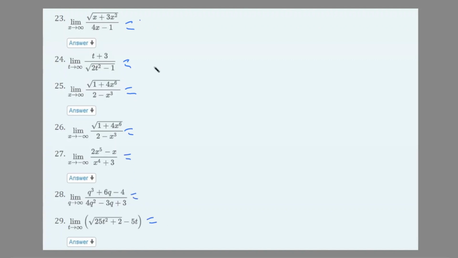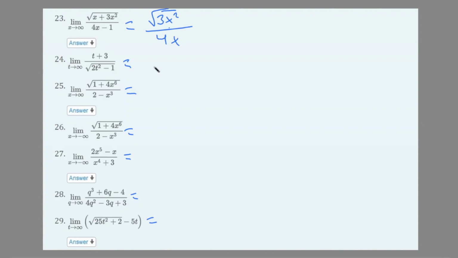Alright, so let's take a look at number 23. So we could use the same rules we used before, either deriving or taking the greatest coefficient and power. So for this, we could take the greatest power. So the greatest power would be square root 3x squared, and the bottom it would be 4x.